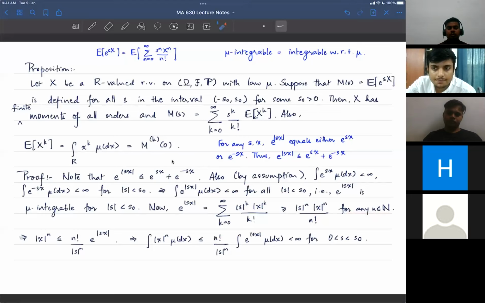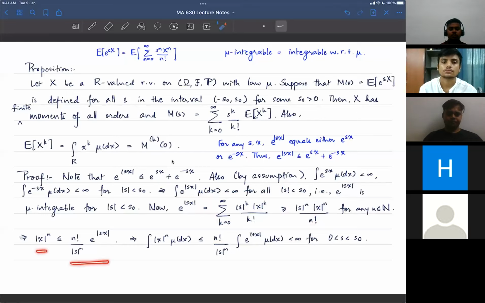So what does that mean? Let me look at this thing. I'll get mod x to the n is less than or equal to n factorial e to the mod Sx over mod S to the n. This is for some fixed n. So now, non-negative function, and you know that integrals of bigger functions cannot be smaller.